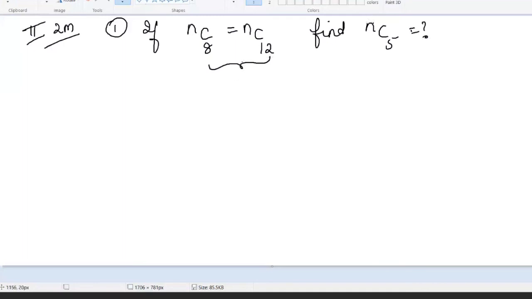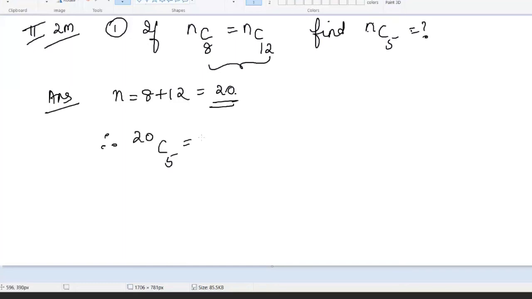When nCr is equal to nCk, either k is equal to r, or r plus k is equal to n. So what is n equal to? n is 8 plus 12. n is equal to 20. Now this n you transfer here. So 20C5.